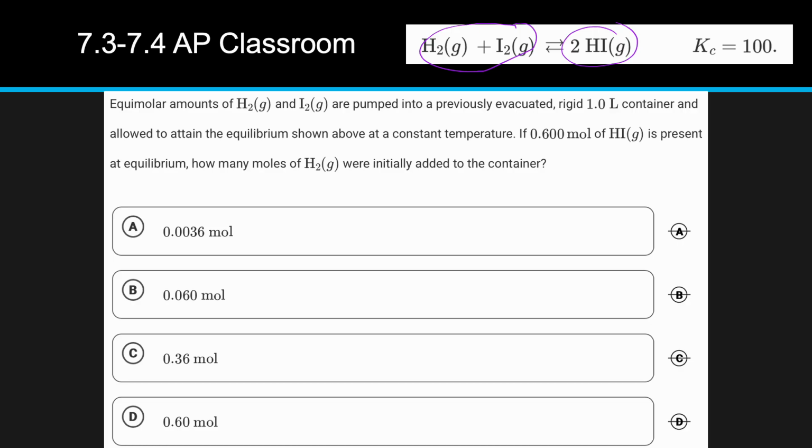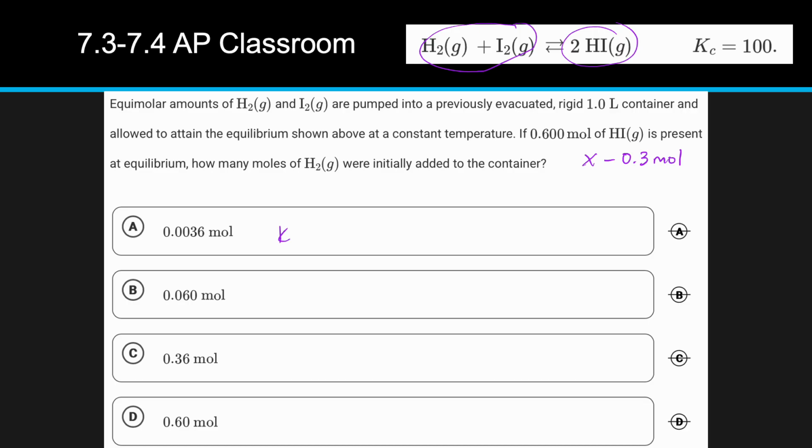And so if we were to solve for how much is at the start, that value is going to be X minus what we know was consumed of H2, which was 0.3 moles. So using that information, I can plug it into my equilibrium expression.